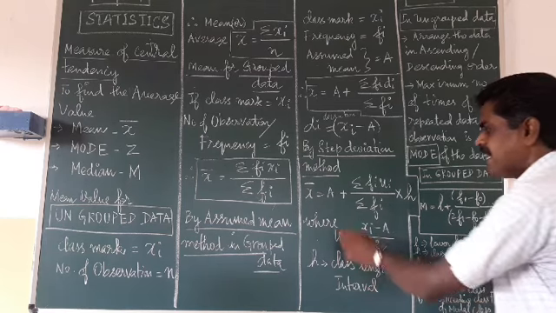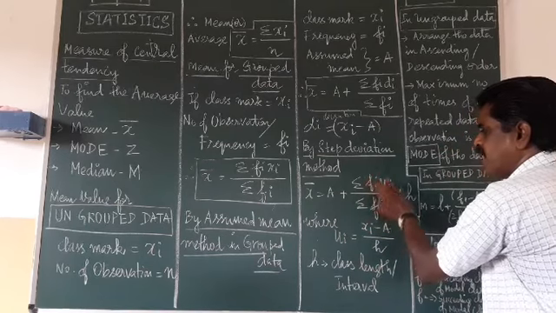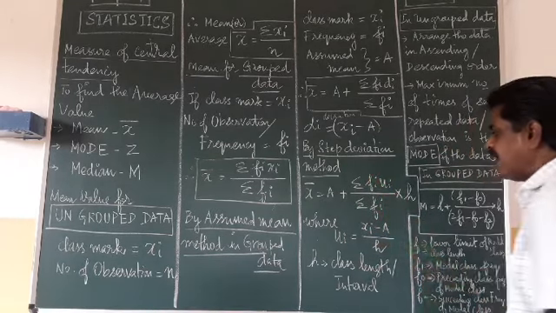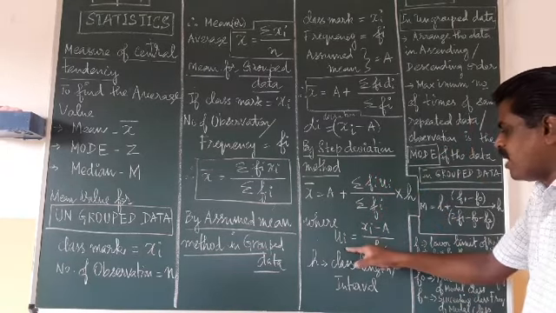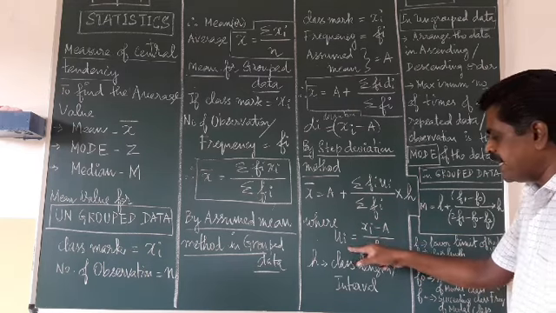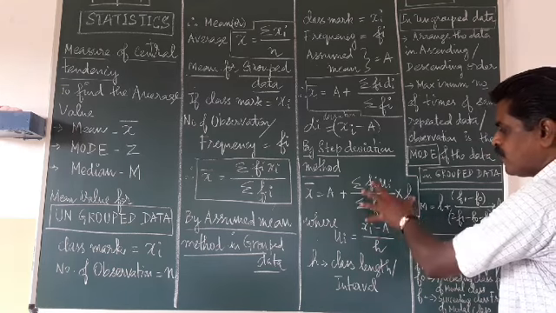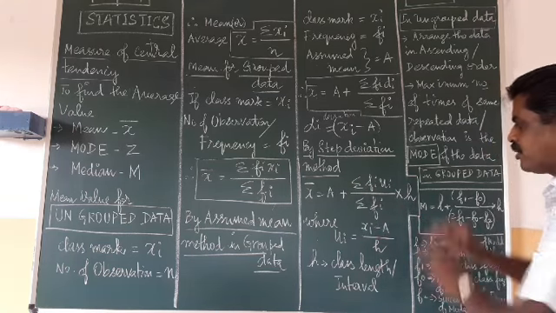Here ui is nothing but xi minus a upon class interval. When you do problems you will understand. Just note down the formula.